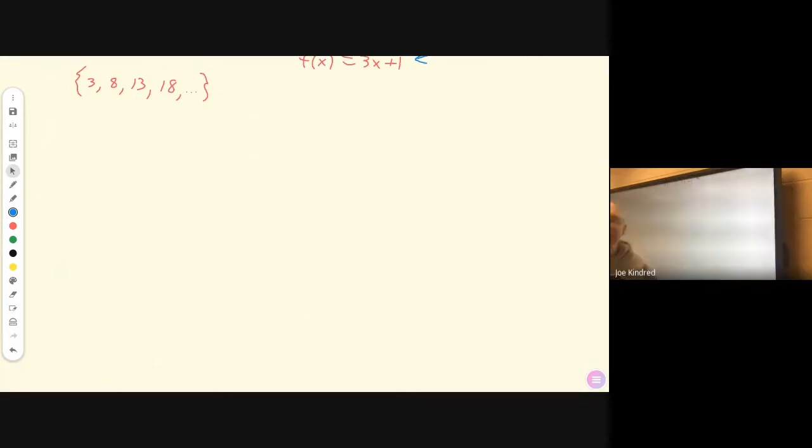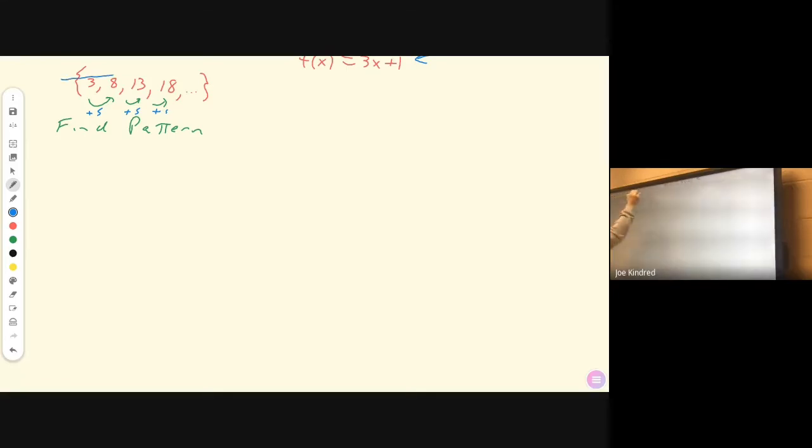So I'm going to find the explicit and the recursive on this one as well. First step, find the pattern. In this case, the pattern seems to be plus 5. Okay?